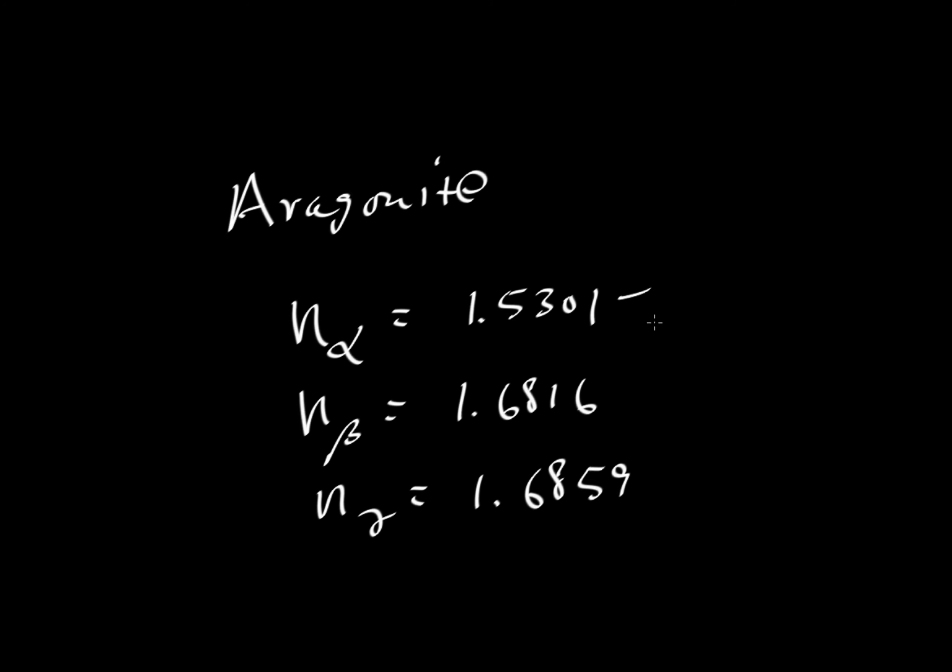So we have a low here and a high of this value here. This represents the three different crystallographic directions in which light can be propagated. Again, those won't necessarily match precisely the A, B, C directions. They could be different, they could be the same. In aragonite, they will be different, but we will have a range of values for n, from a low of 1.5301 to a high of 1.6859.